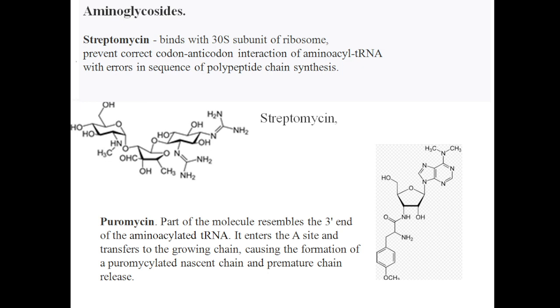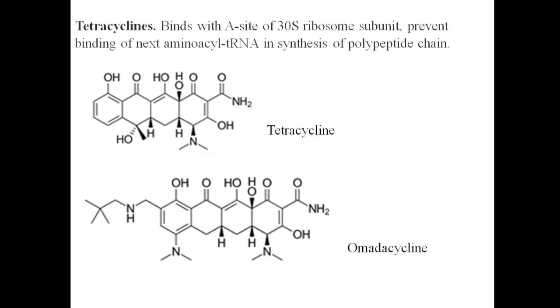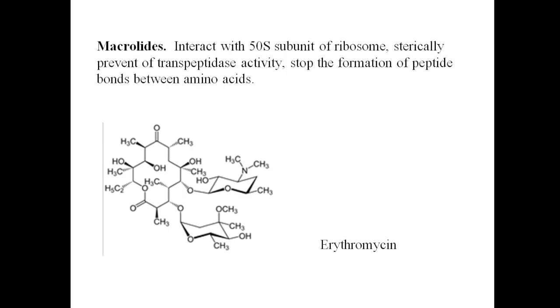It inhibits the first step of translation. Tetracyclines also interact with the 30S ribosome subunit and prevent binding of the next aminoacyl tRNA. Cyclines, tetracycline or minocycline, are the next generation of antibiotics.